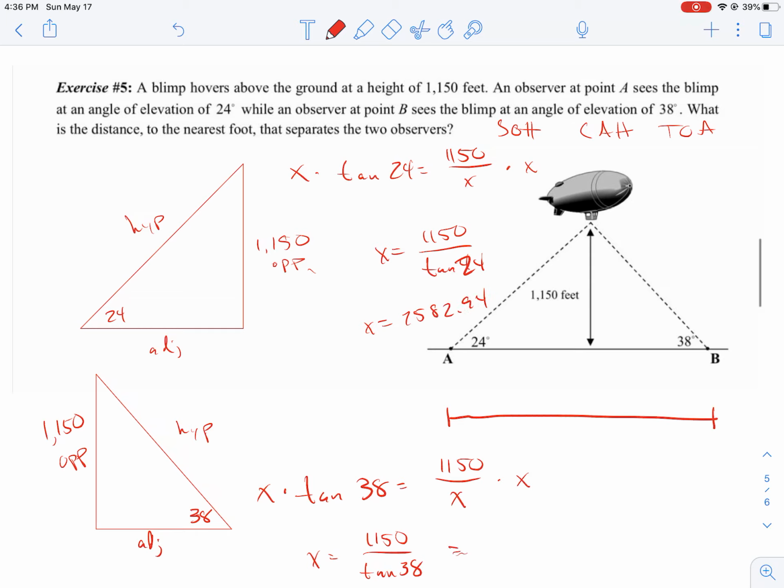And down here, x is equal to 1150 divided by the tan of 38, and you get 1471.93. I'm going to take those two values and add them up, because what we just found is this value right here and this value right here.